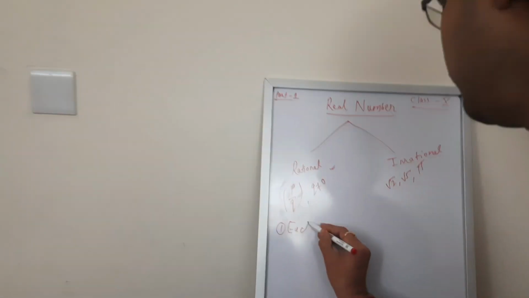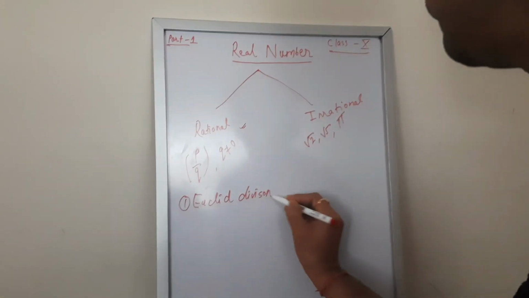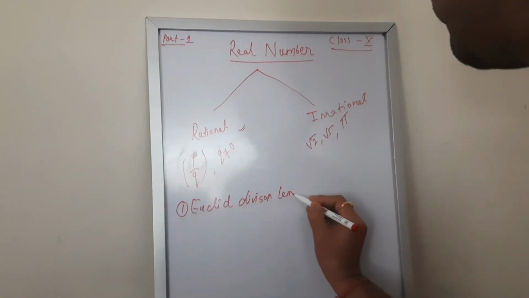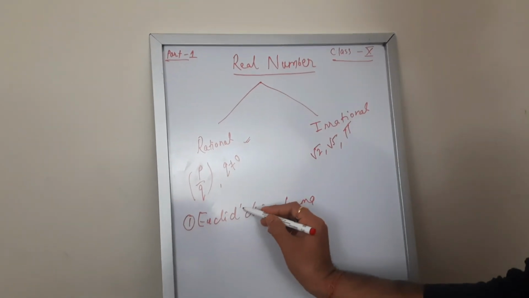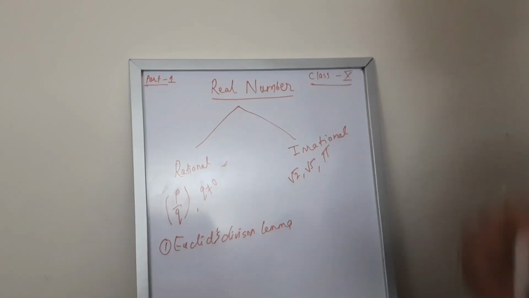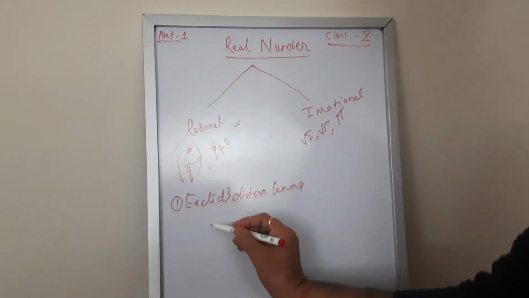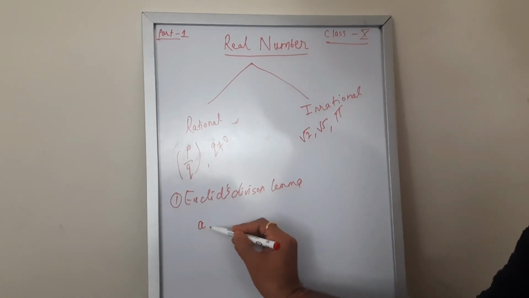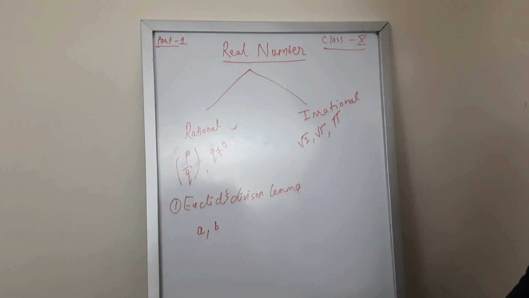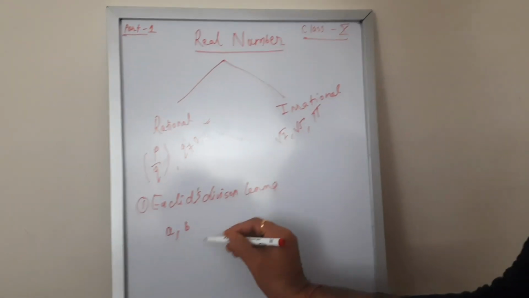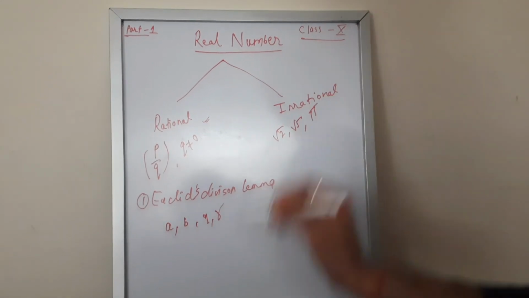So the first theorem is Euclid's division lemma. So what is this lemma about? Let's consider two positive integers a and b, and there are unique numbers q and r.